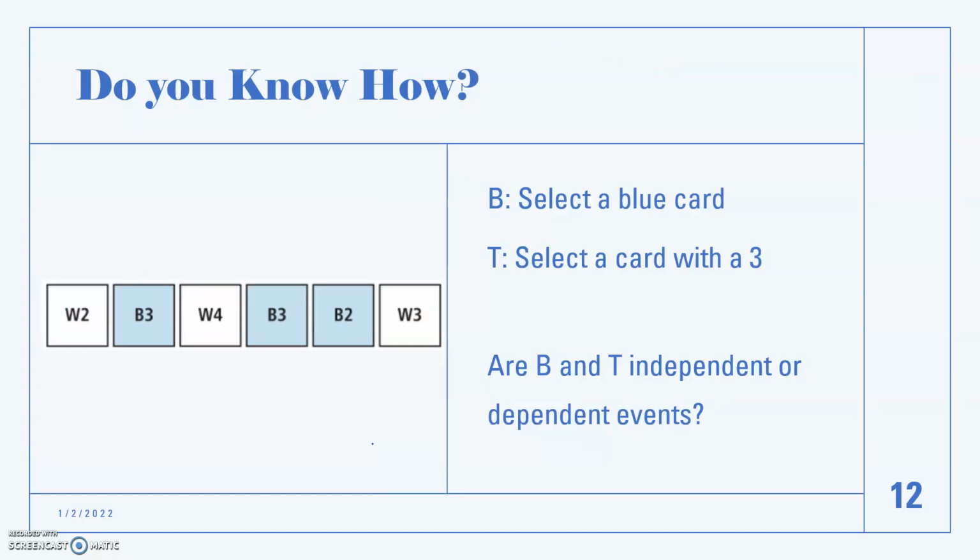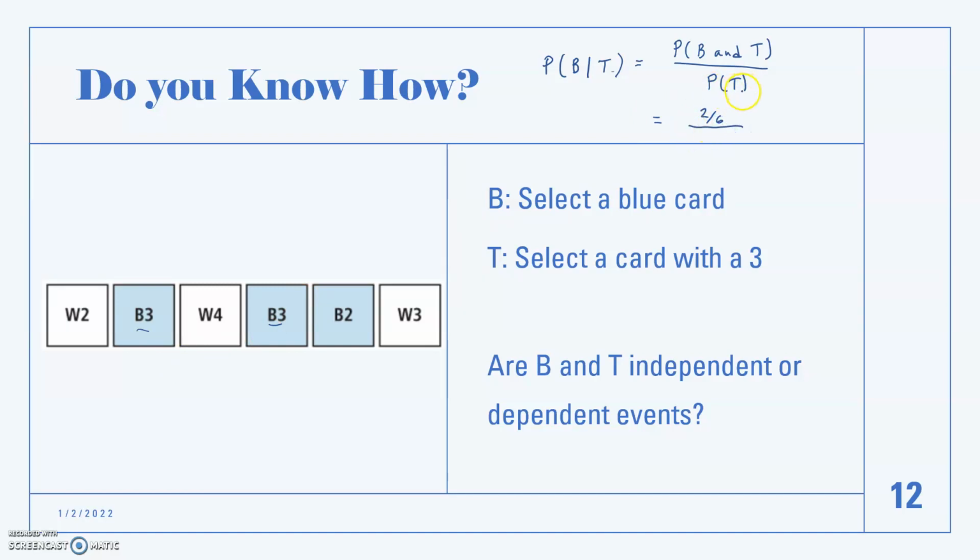All right. Here's another one. We're trying to decide whether B and T are independent or dependent events. So we're going to use that formula: the probability of selecting a blue card given that we chose a card that has a 3 on it. That's going to be the probability of blue and 3 divided by the probability of 3. Blue and 3, there are 2 out of 6 cards.